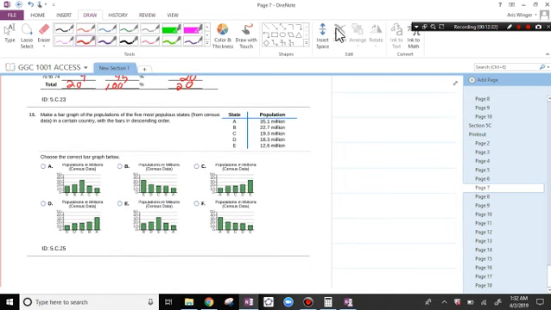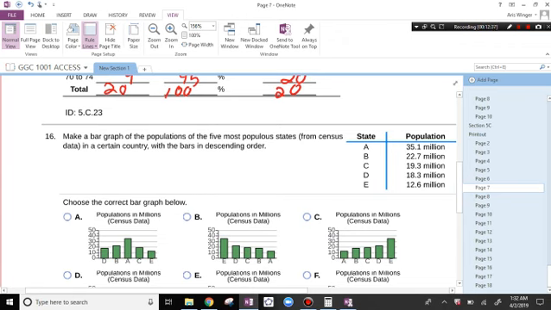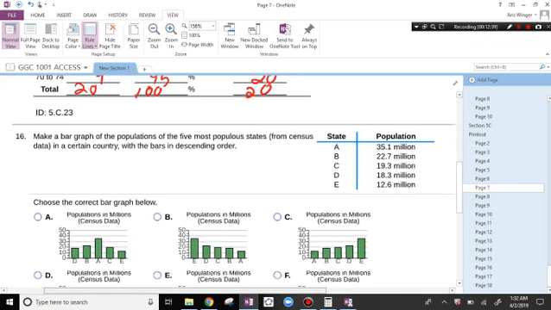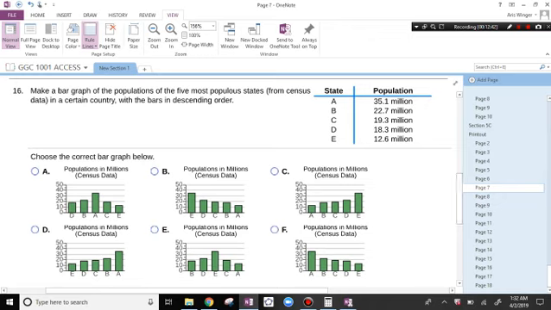Let's see, we can increase the view here. Let's zoom in. So here we're starting off with 35 million, 22.719, so it's decreasing.